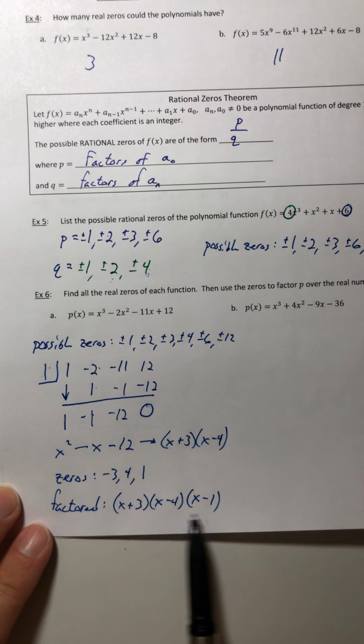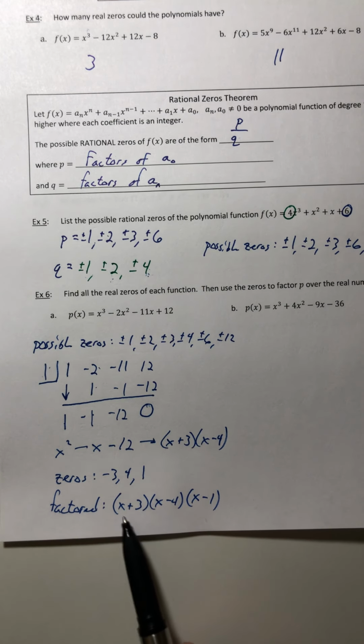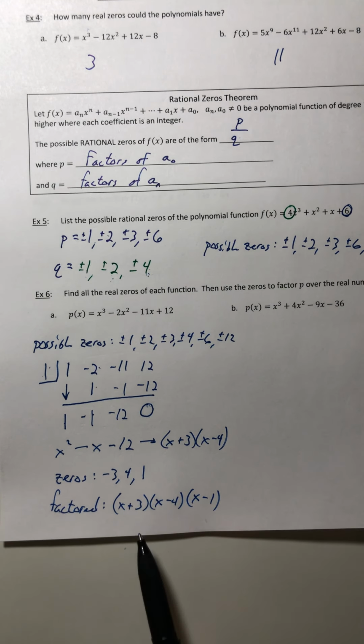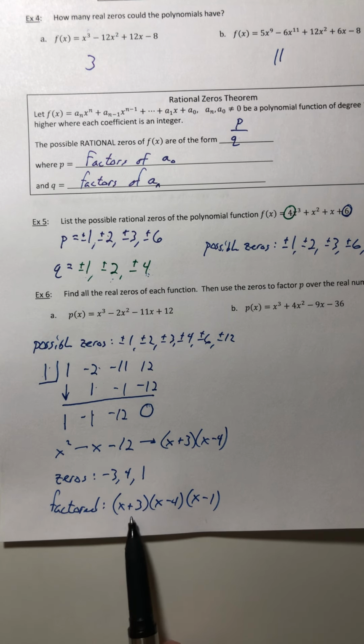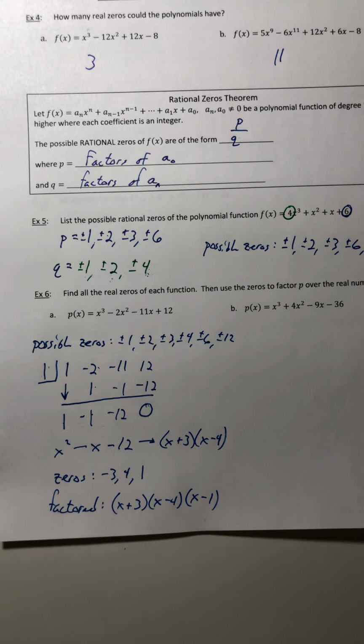And the factors can be out of order, it doesn't matter which one comes first or which one goes last, that's up to you. If you look at the notes, I have a different order than this, and that's totally fine. All right, let's go ahead and pause here, and then we'll pick it up in the next video.